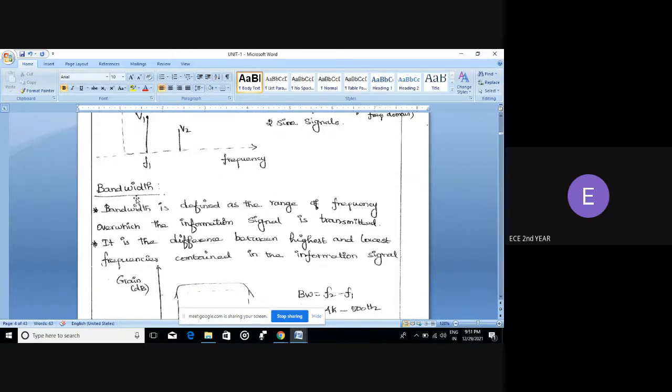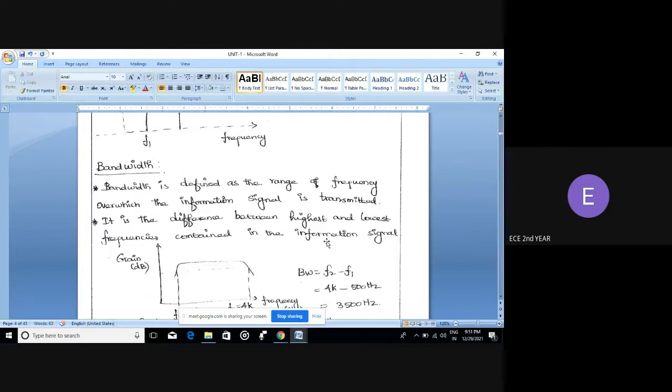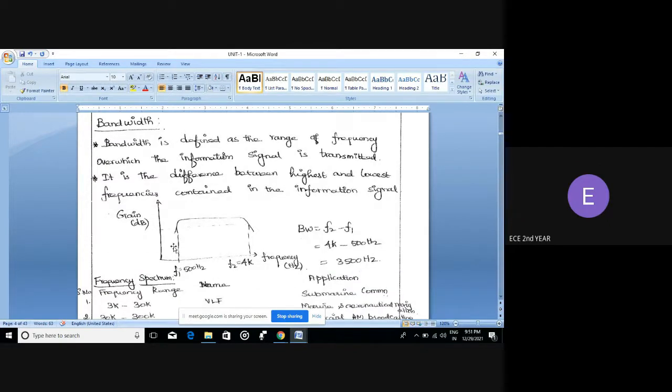Next we will see what is bandwidth. Bandwidth is defined as the range of frequency over which information signal is transmitted. Let us consider one signal here, right, which has two frequencies. One is the upper frequency and the other is the lower frequency.